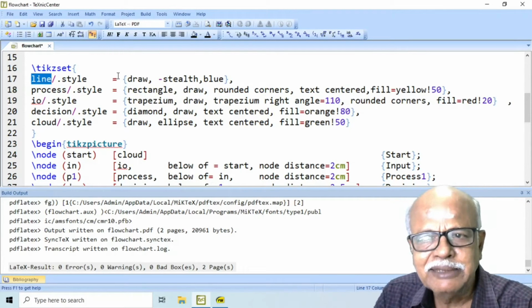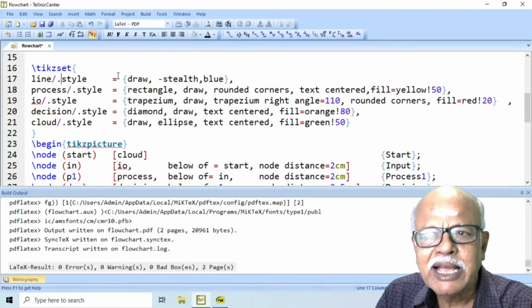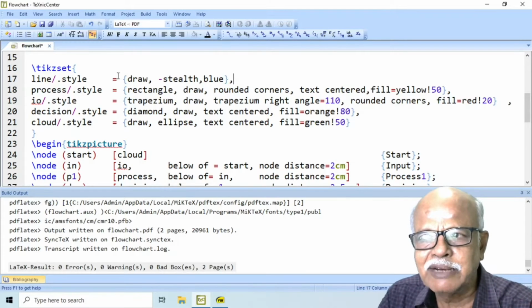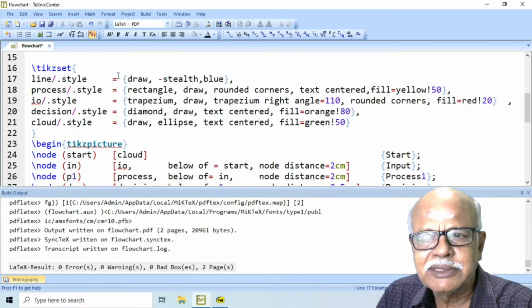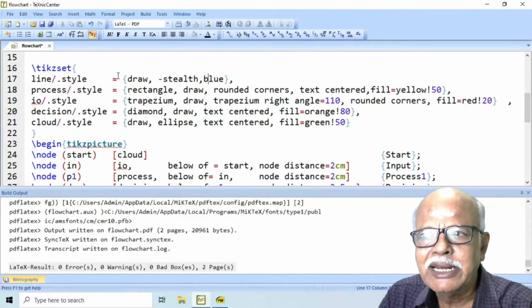For the line, I define a style like this: line/.style equal to curly brace open and close, and then finally a comma. We are going to draw the line with an arrow mark. Initially it is a straight line, and it ends with the stealth arrow head. It is blue in color.